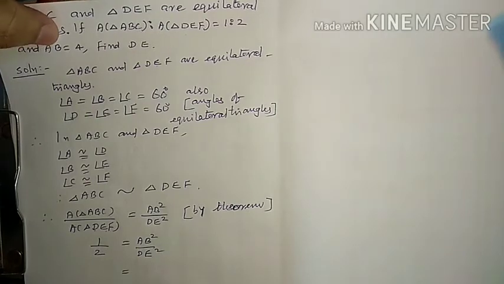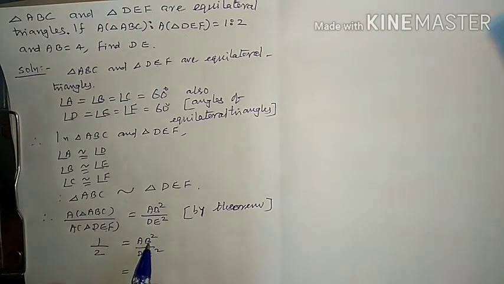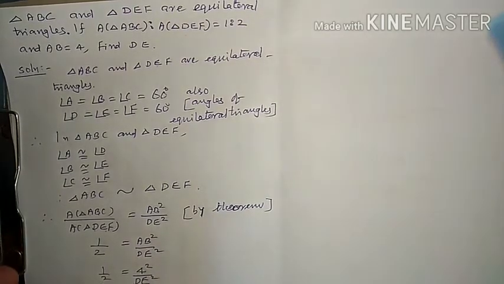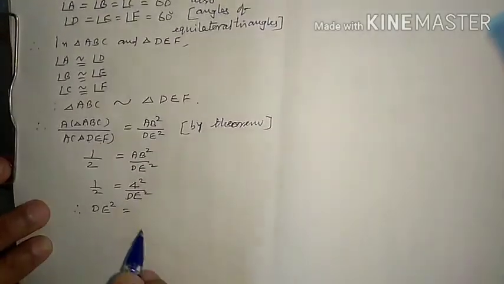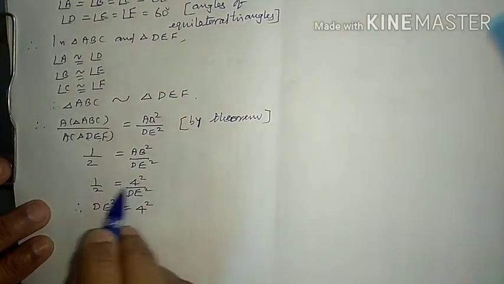But we are given what? AB. So this value of AB is known. 4 square upon DE square is equal to 1/2. We cross multiply this, DE square into 1 equal to this 4 square into this 2.